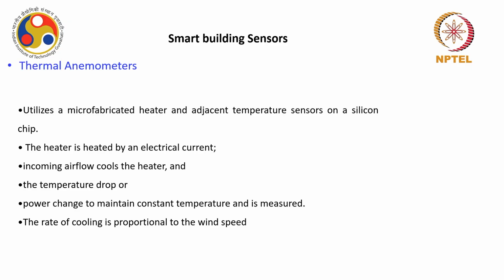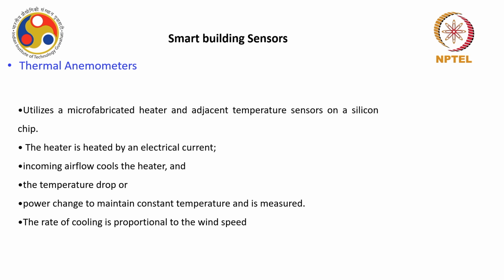The thermal anemometers are very similar to what we have seen. It utilizes however a micro fabricated heater and adjacent temperature sensors on a single silicon chip. Now, the heater is heated by electrical current, as we have seen in case of the hot wire based anemometers. The incoming airflow cools the heater and the temperature drops, or the power changes to maintain the constant temperature, and this is measured.